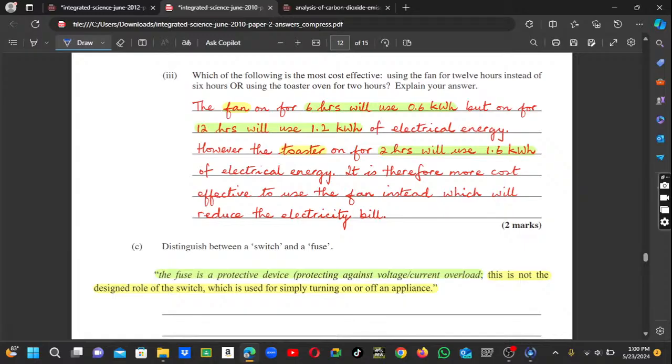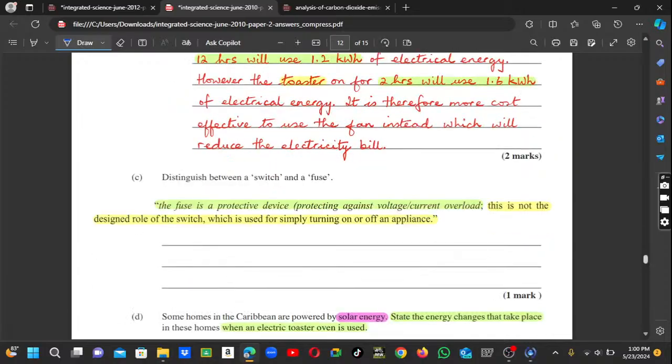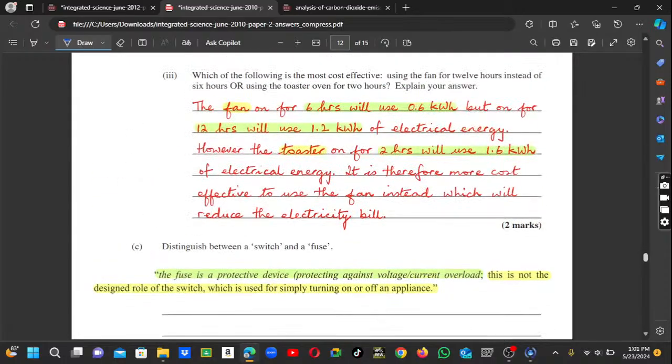The toaster for 2 hours will use 1.6, because the toaster burns more electrical energy. Therefore it is more cost effective to use the fan, which reduces the electricity bill, because the toaster burns more electrical energy than the fan.